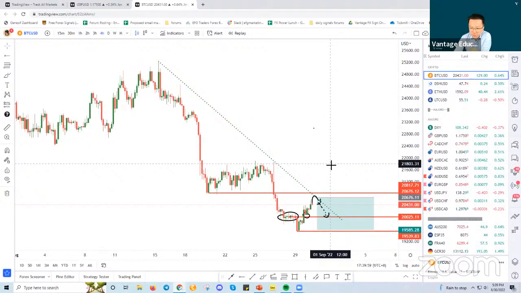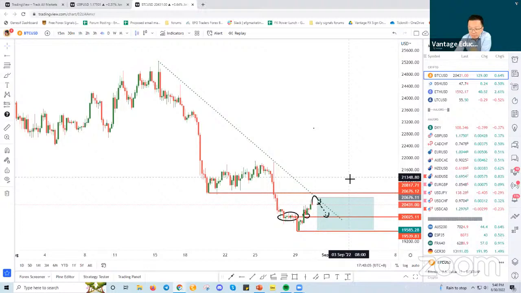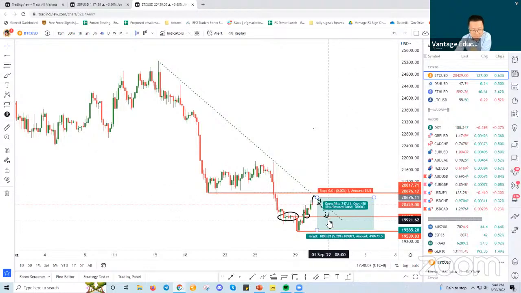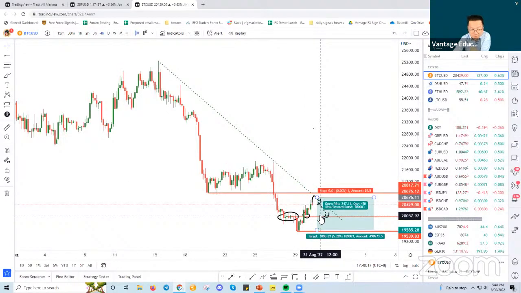I'll move my stop loss to break even just so that if it bounces back up, I've got my trade secured. Or if it breaks lower, then I have my take profit even better again. At that point, you can also consider taking partial profits.